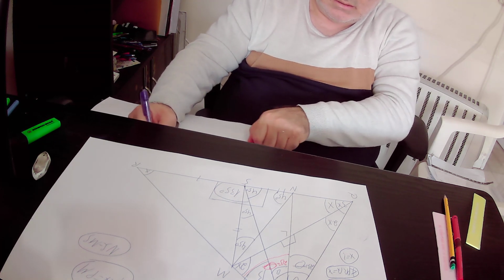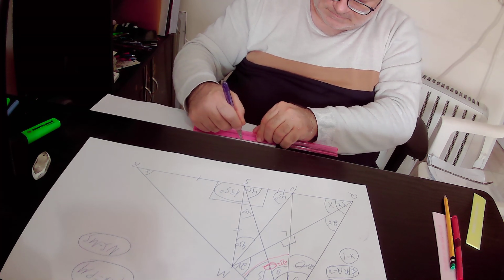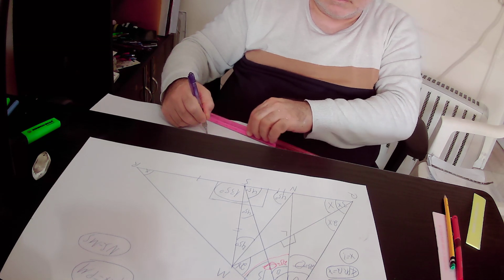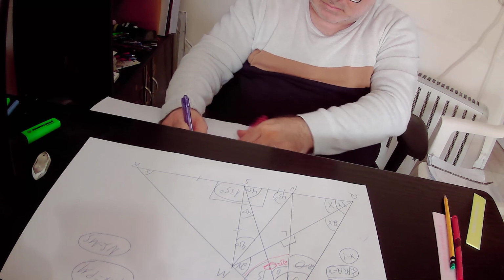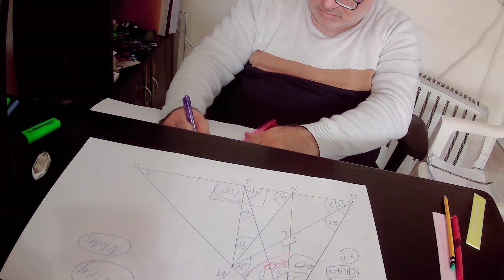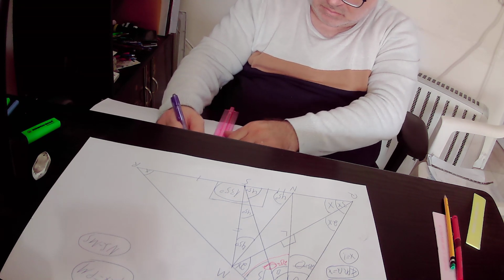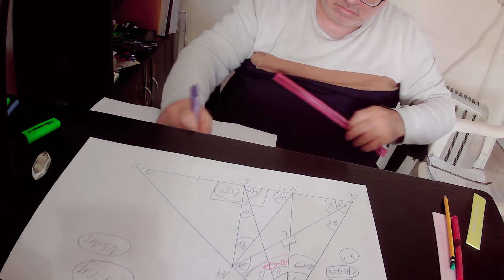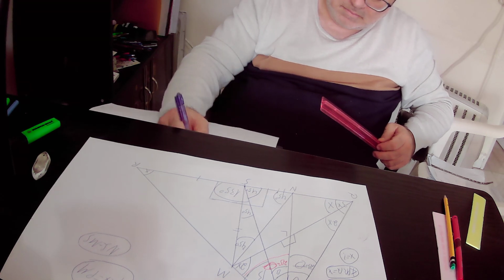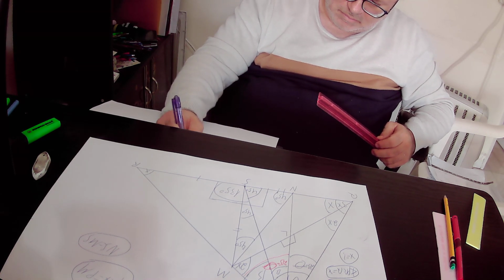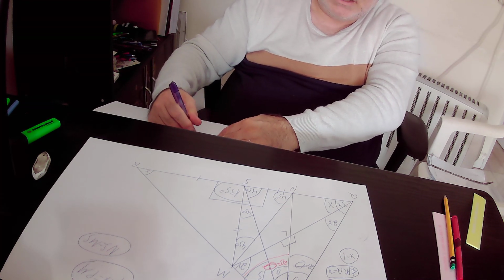Okay, so triangle PQN congruent to triangle PMN.